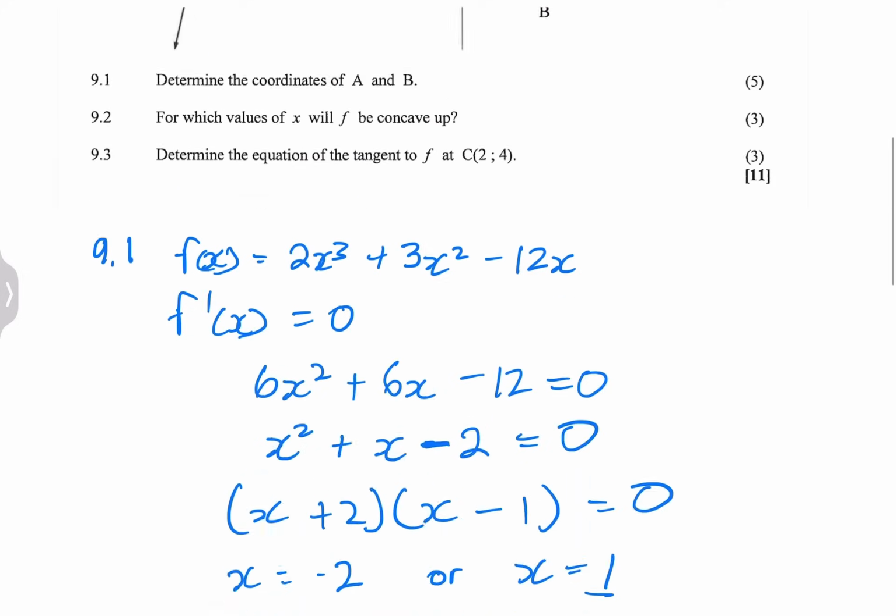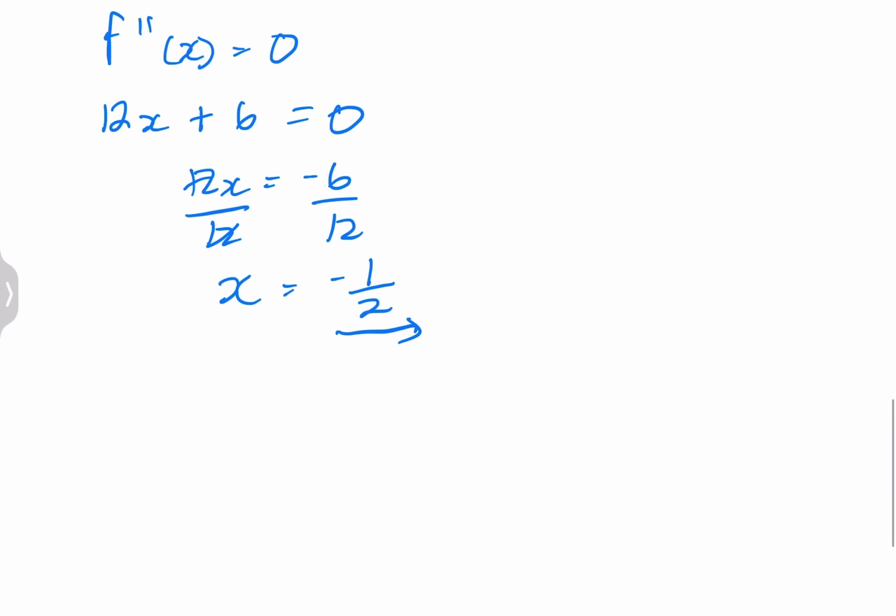So we can say x is an element of -1 over 2 right up until infinity, excluding both values. Otherwise you can say x is greater than -1 over 2. So that's another way of getting the point of inflection.